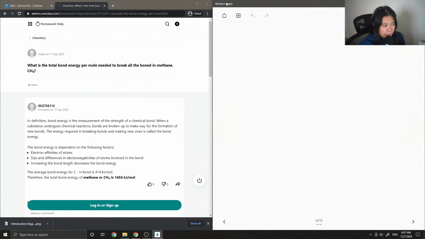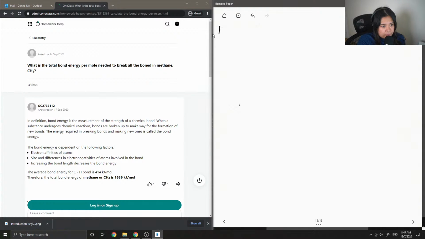Okay, so question 1 asks, what is the total bond energy per mole needed to break all the bonds in methane, CH4? Okay, so first let's define what bond energy is.